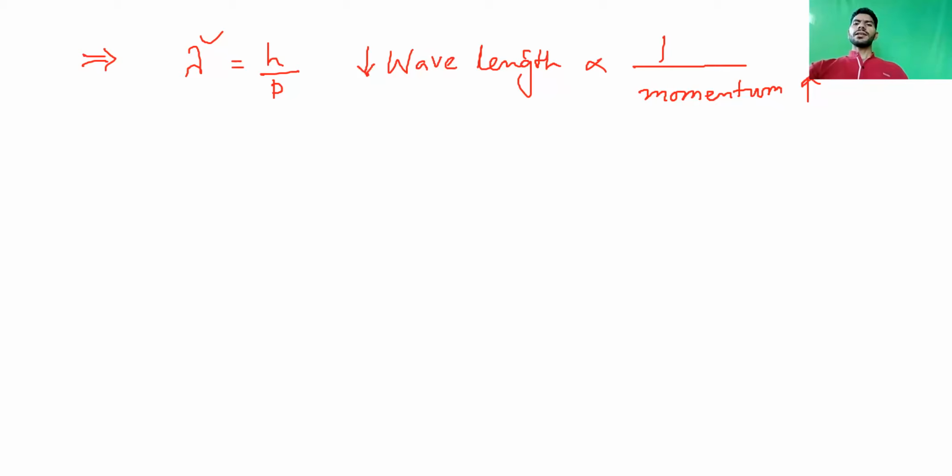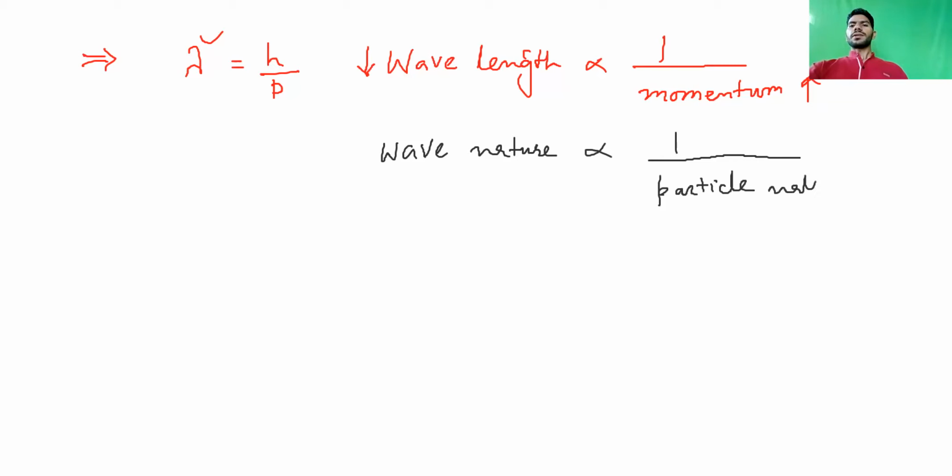Or you can simply say that wave nature is inversely proportional to particle nature, because momentum is the property of a particle. So the more the particle nature, the less the wave nature. If any particle has a higher mass, its wave nature will be very less.